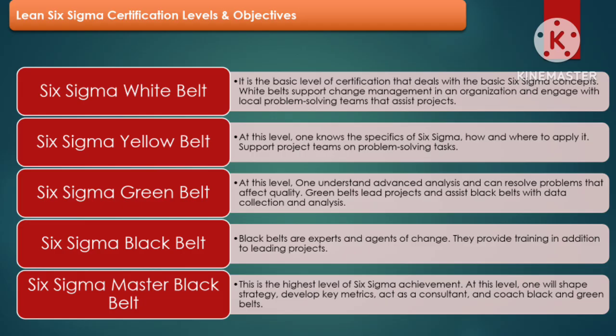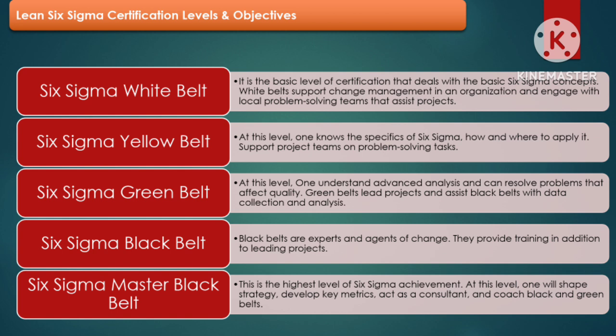Let's move on to the Six Sigma certification levels and objectives. Right now what we are covering today is the white belt program. This is a foundation program, the first level of the Lean Six Sigma program levels.